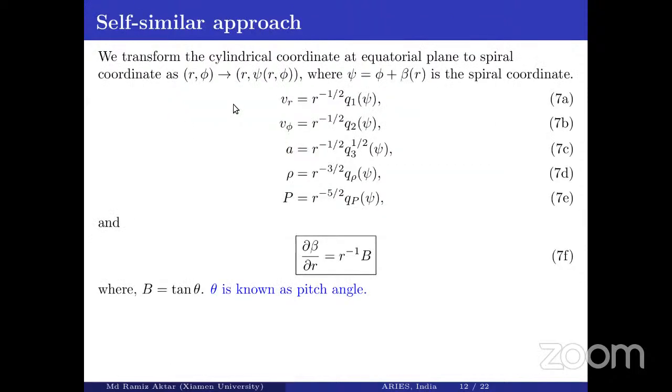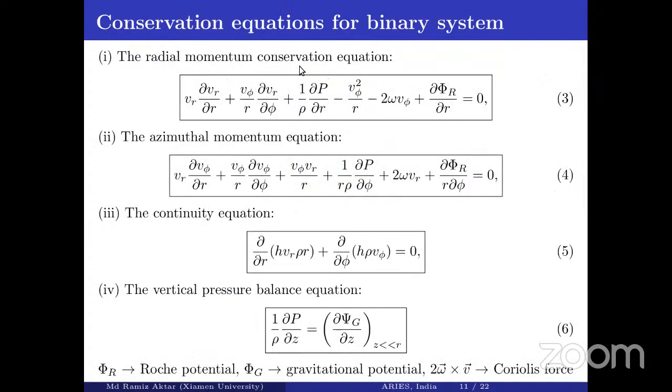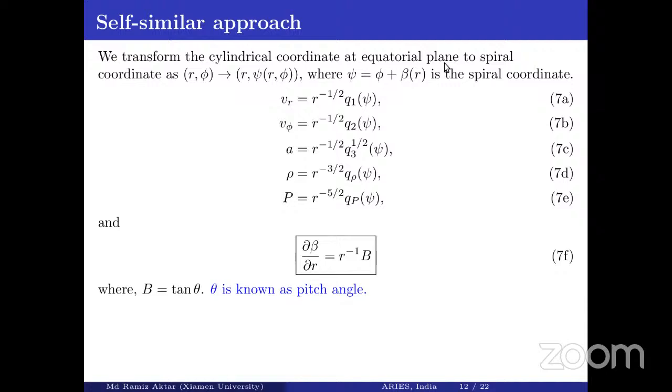So now, what is the self-similar approach? These equations are in cylindrical coordinates, which I forgot to mention. Here we transform the cylindrical coordinate system at the equatorial plane to the spiral coordinate.